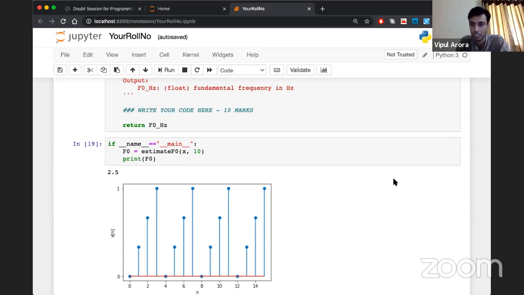Next question is about adding Gaussian noise to the audio. I am able to hear the noise, like we used to hear on radio, a hissing sound.